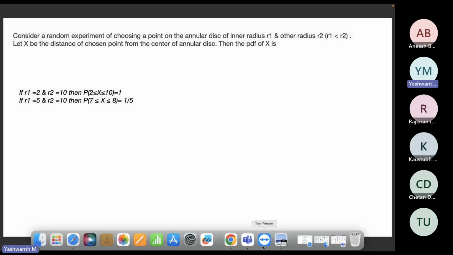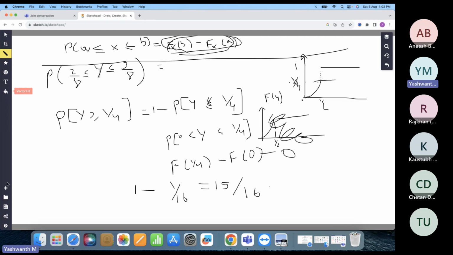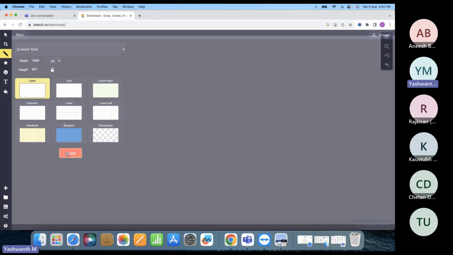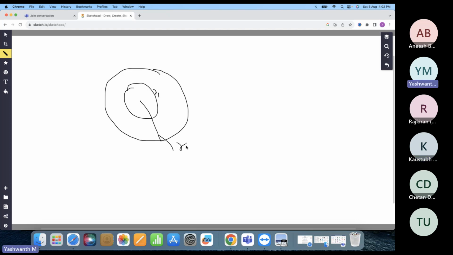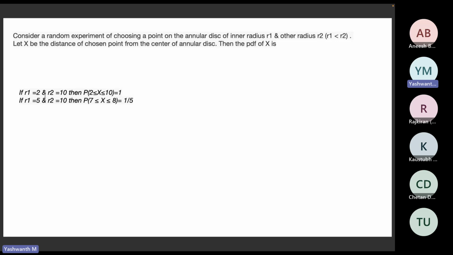Okay, let's try to visualize that question. So you have r1, this is r1, and this is your center, and this is r2, this is r2, this is r1. Okay, this is where you are picking the points. Right, so first question, what is given is r1 is 2 and r2 is 10.